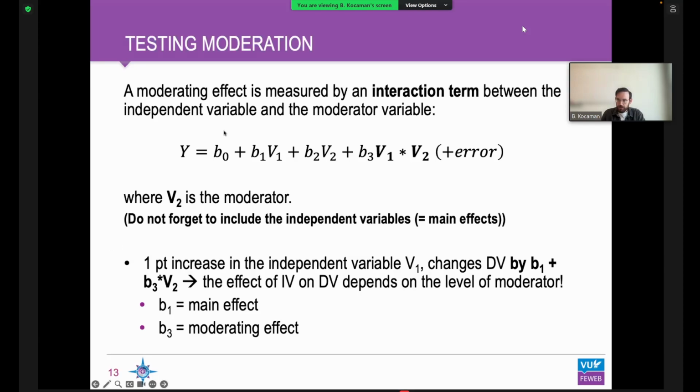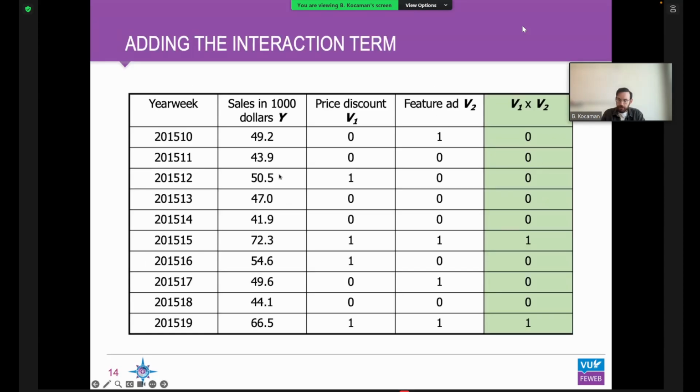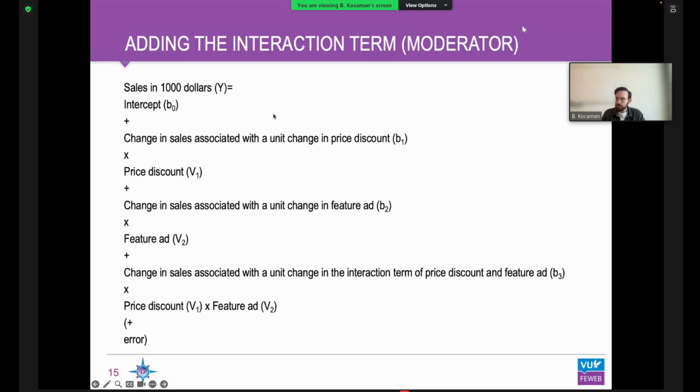So this is why you actually include this multiplication. And how do we do this with the data? We simply multiply this column with this column. And in R, this is actually done automatically in the lm function. You will see in a minute.